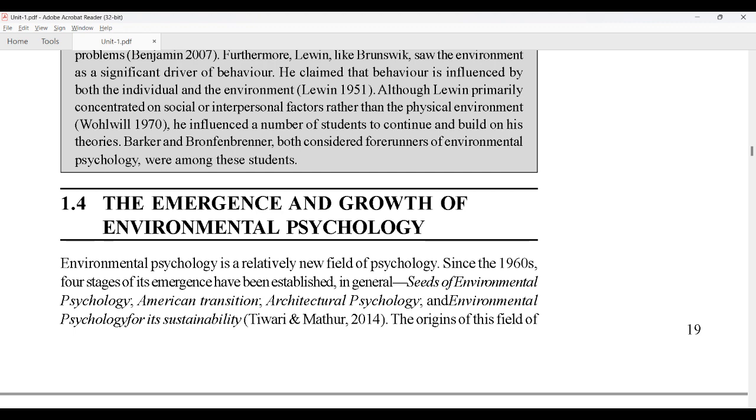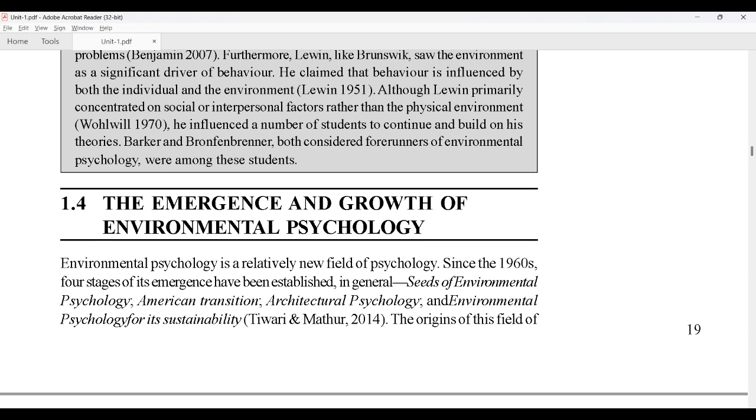1.4 The emergence and growth of environmental psychology. Environmental psychology is a relatively new field of psychology. Since the 1960s, 4 stages of its emergence have been established. In general, they are: seeds of environmental psychology, American transition, architectural psychology, and environmental psychology for sustainability.